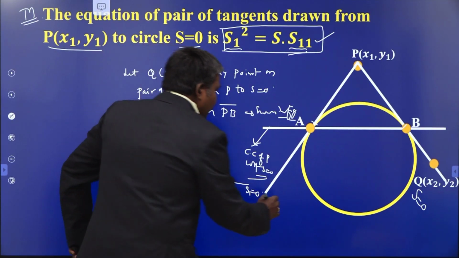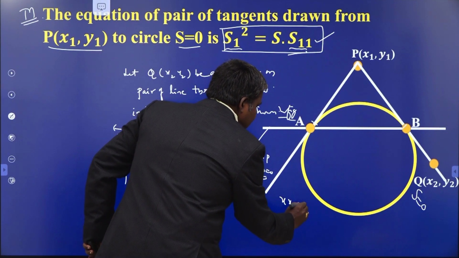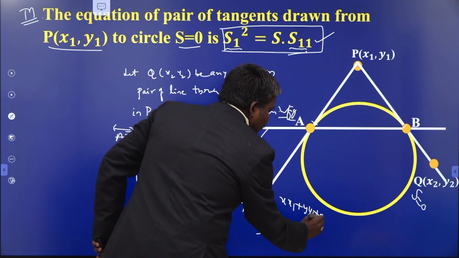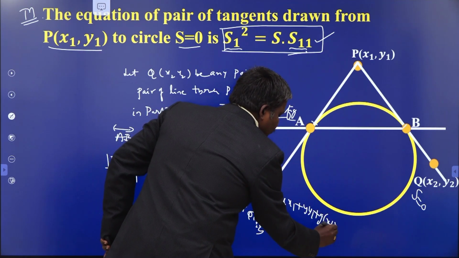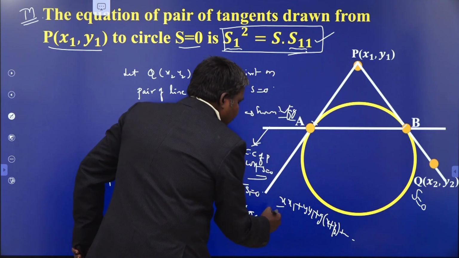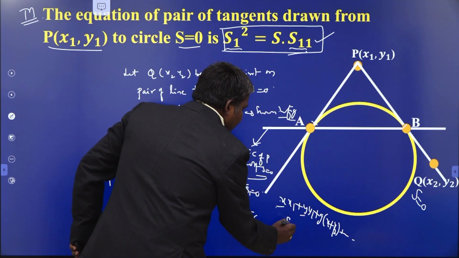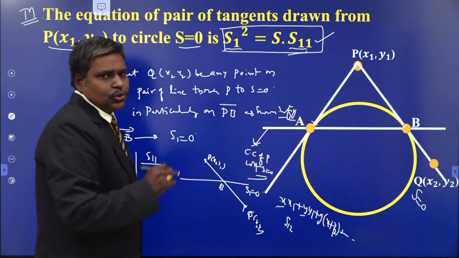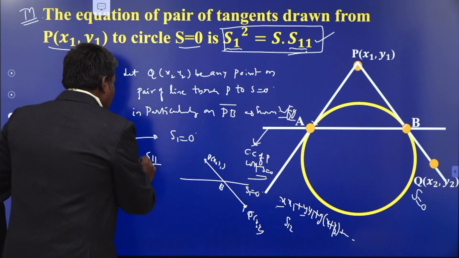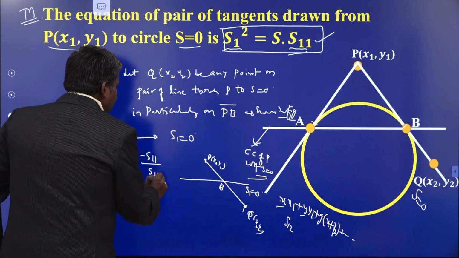S1 is what now? S1 is xx1 + yy1 + g(x + x1) and so on. When you substitute x by x2 and y by y2, what we get is S12 or S21, not S22. Here, the modulus of -S11 by S12.